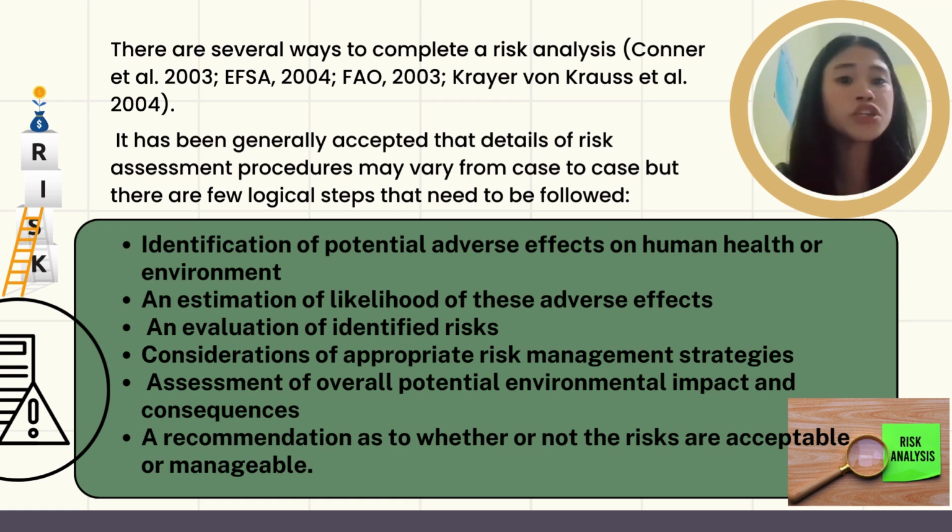Second is an estimation of likelihood of these adverse effects. Third is an evaluation of identified risk. Then, consideration of appropriate risk management strategies. And then the assessment of overall potential environmental impact and consequences. Lastly is a recommendation as to whether or not the risks are acceptable or manageable.